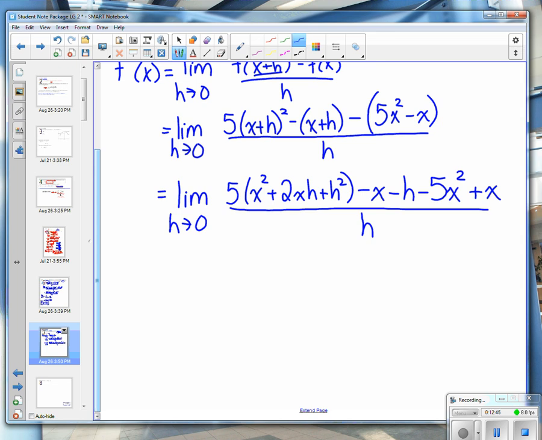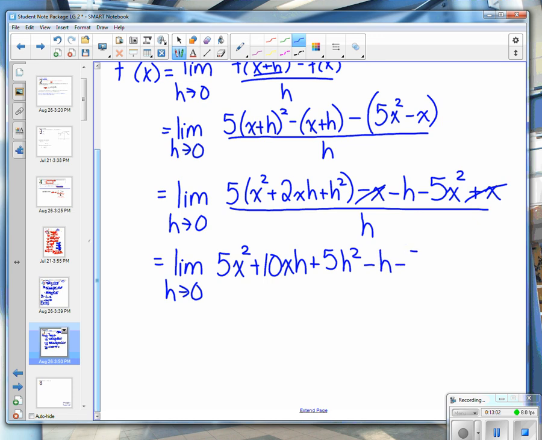Now we can go ahead, expand and simplify. We've done this quite a bit. So that's going to be 5x squared plus 10xh plus 5h squared. And if you notice, minus x and plus x, we don't even have to rewrite that. It's gone. So I've got minus h minus 5x squared, and all of that is going to be divided by h.